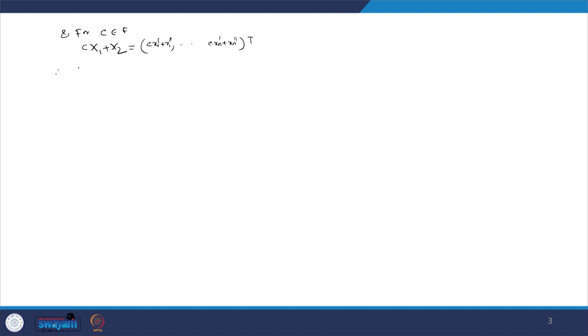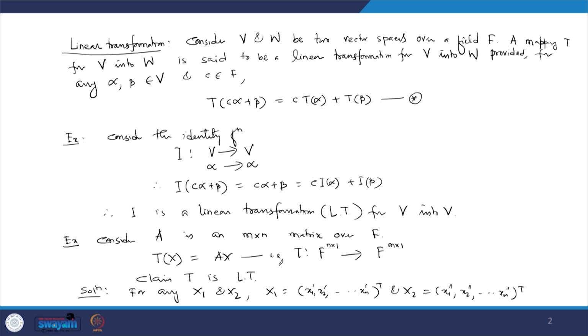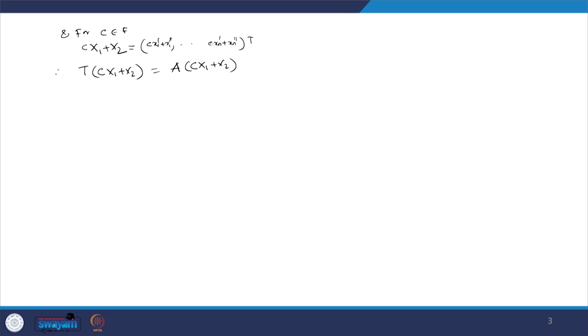So T operating on c x 1 plus x 2 is equal to A times c x 1 plus x 2, according to my definition star. Then using matrix multiplication properties, c being a constant, this is equal to c times A of x 1 plus A of x 2.